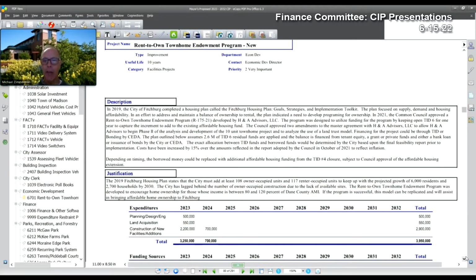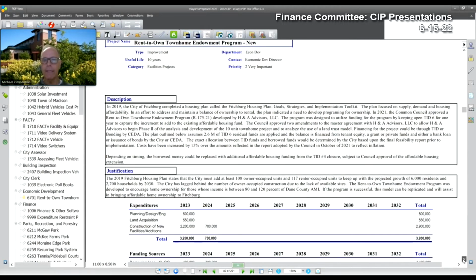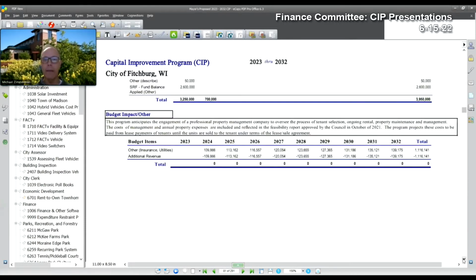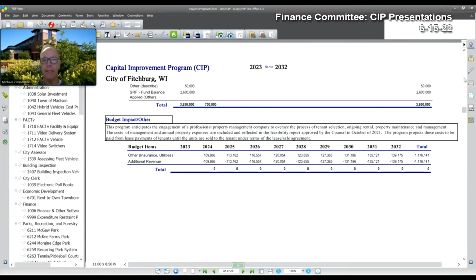In this CIP request, we worked with Mike and Steve from H&A Advisors. They actually updated the numbers here on the project cost based on the increases that we know to date anyway of construction costs and interest rate increases. So the dollar amount here is higher than what was detailed and projected in the program when you guys authorized it in the beginning.